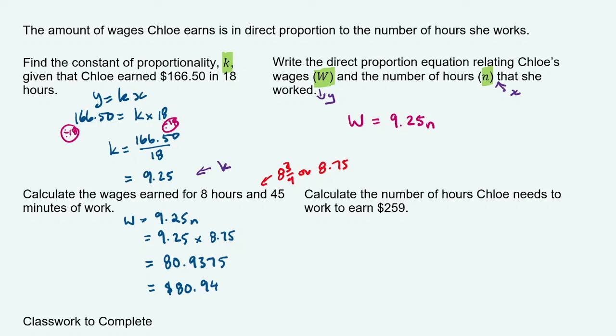Alright, last one, we've got calculating the number of hours Chloe needs to work to earn $259. Again, I am going to set up my equation, substituting what I know, which this time is the W. Then I use some algebra, so I need to divide both sides by 9.25.